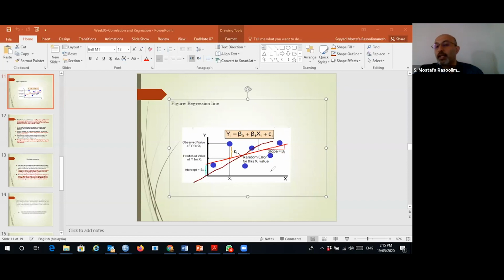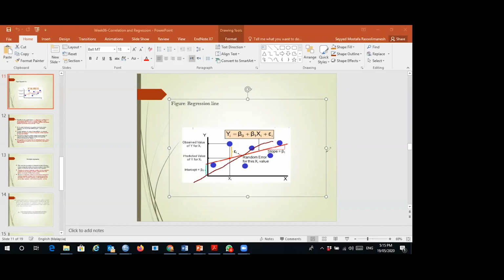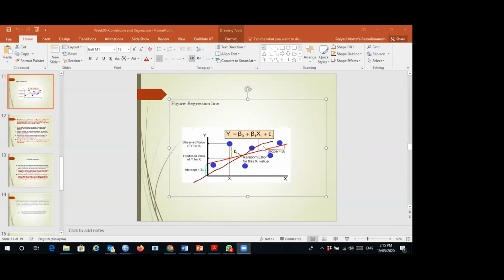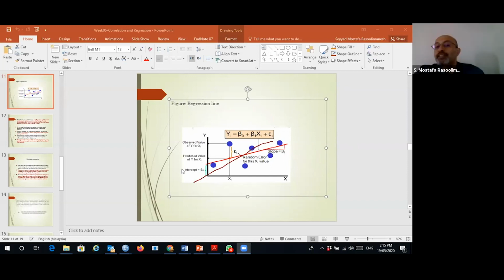So for a standardized beta, we don't have an intercept. We don't have beta 0. We only have beta 1, beta 2, and beta 3.